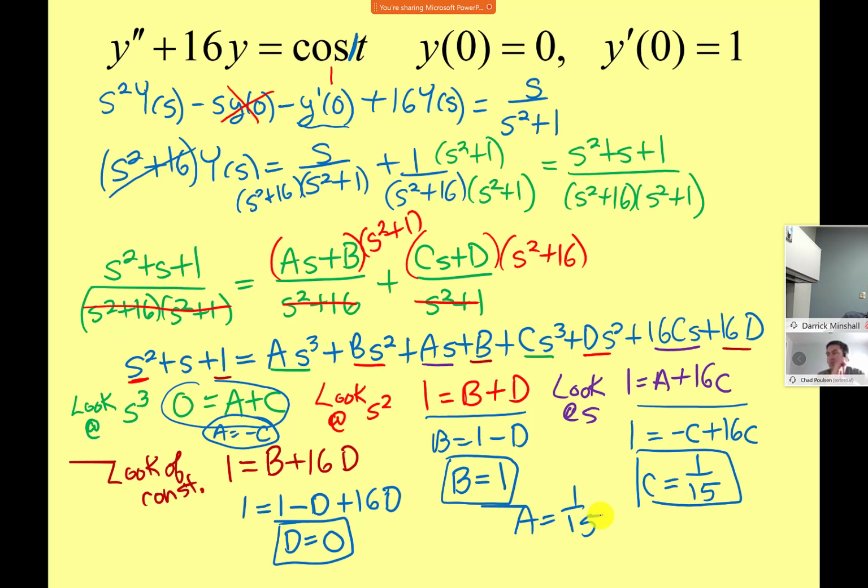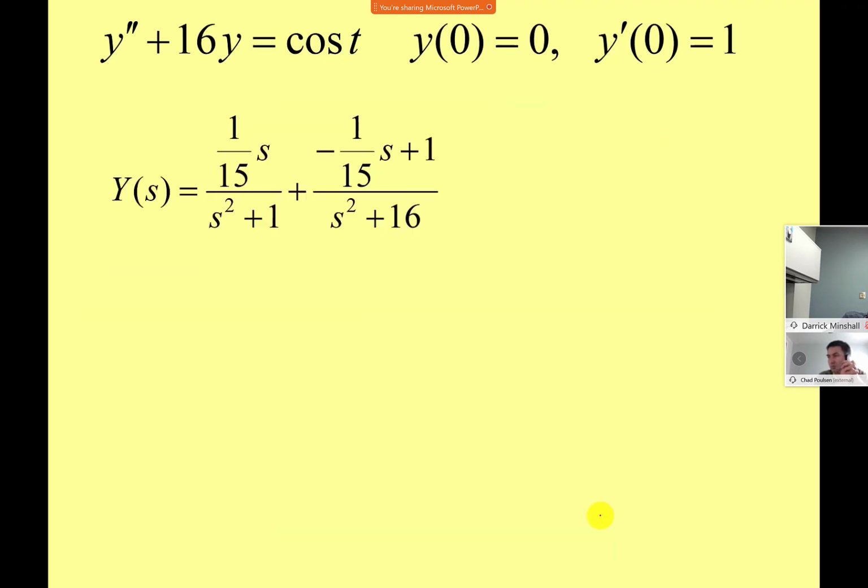I wrote the s squared plus 1 when I worked it on my paper, and so I put the partial fraction numbers back in on the next slide because I knew I would be out of room on this slide to keep going. So let's take those values, the 1/15 for the a and the c and the 0 for the b and the d, and this is what it ends up looking like.